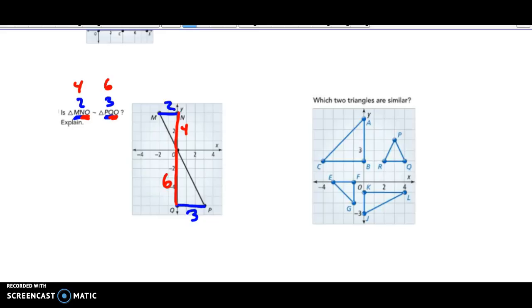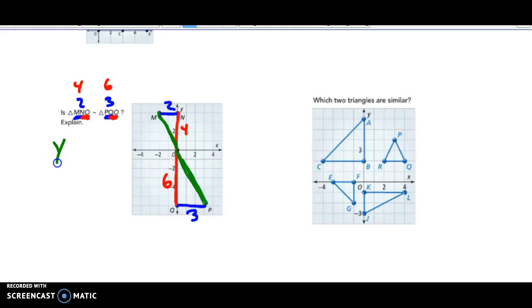So let's check our last set of sides, and that's going to be MO, and I'm going to compare MO to PO. Now these are on the diagonal, so I can't really compare the distance of these in the same way I can as the horizontal and vertical sides. But if we have 2 sides that are in proportion, then the third sides will have to be as well.